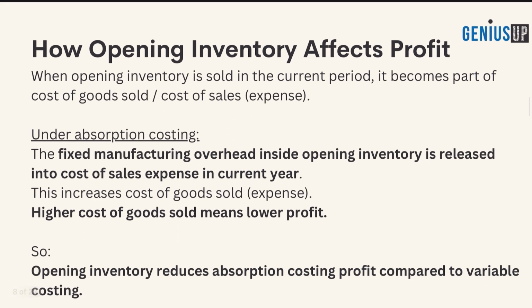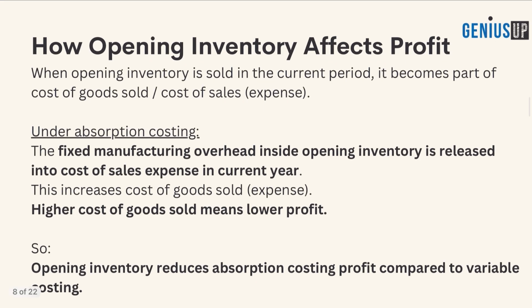So how does opening inventory affect profit? When opening inventory is sold in the current period, remember the inventory that's sitting in opening inventory was not sold last year. However, it's going to be sold in this current period. And when it's sold, it becomes part of cost of goods sold, or the cost of sale expense.